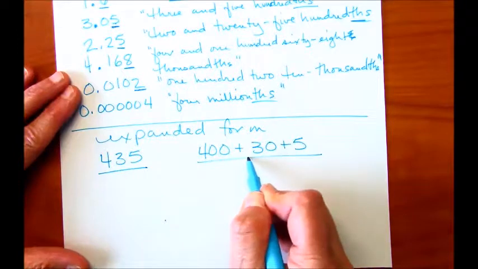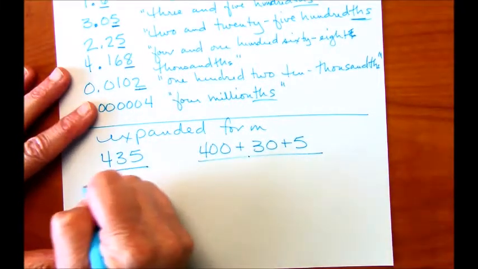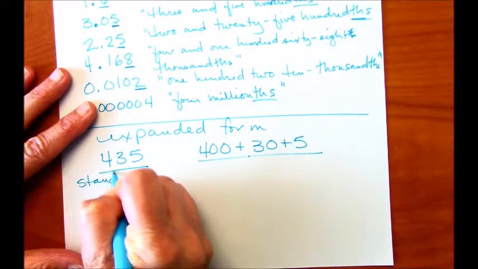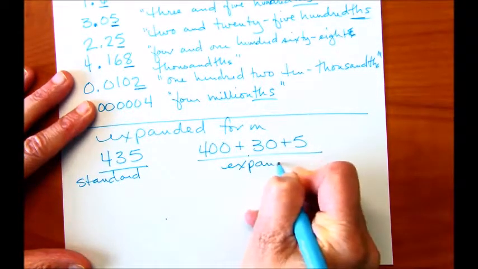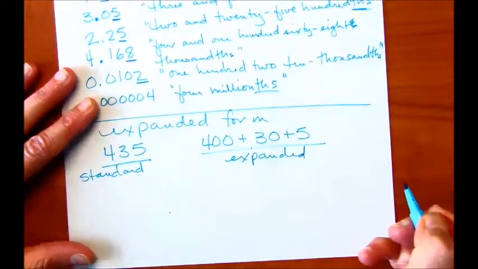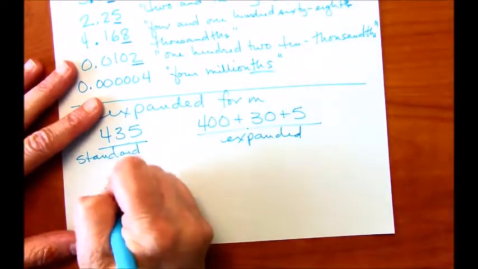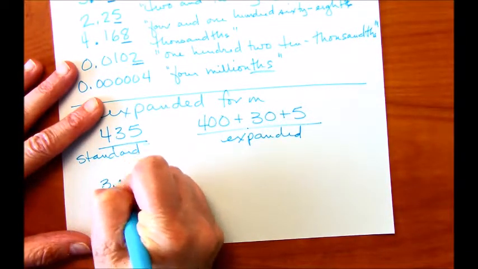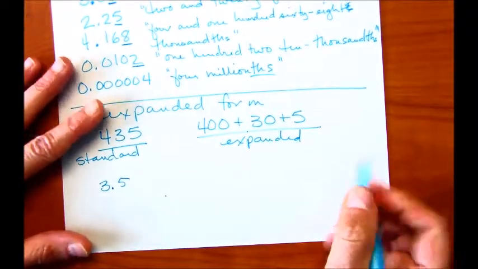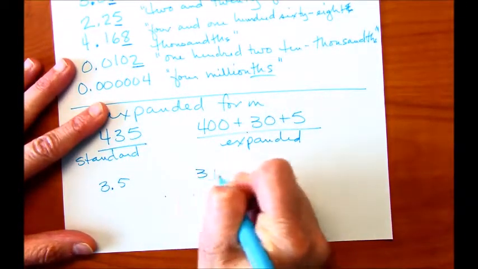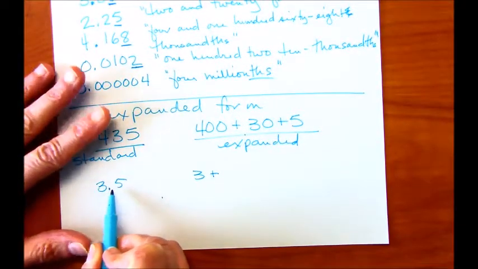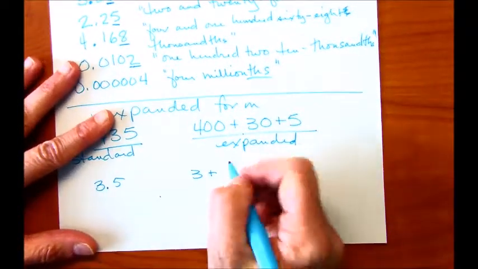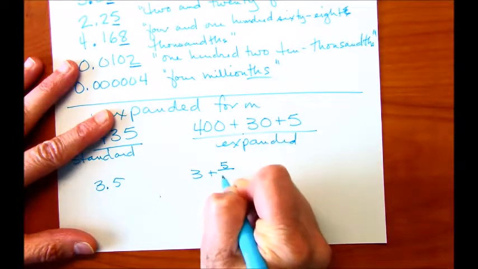This is expanded form. If we had, say, 3 and 5 tenths, we would write that as 3 plus, and instead of writing it as a decimal, we're going to write it as a fraction. So it's going to be 5 tenths.